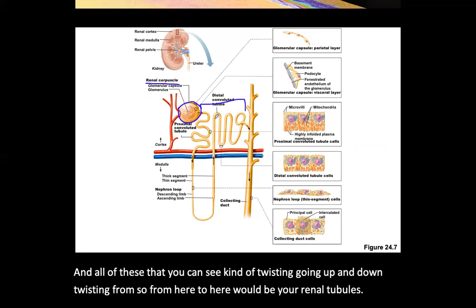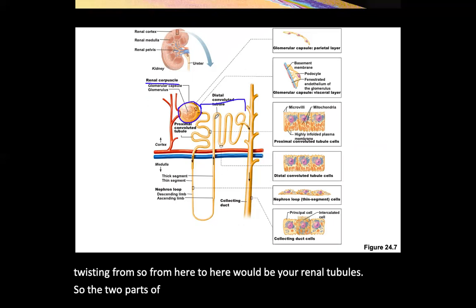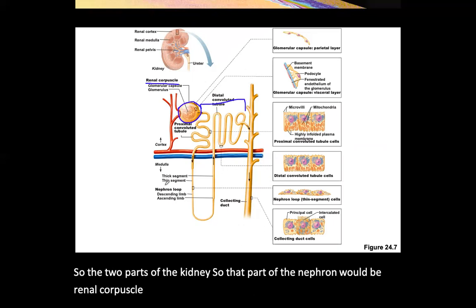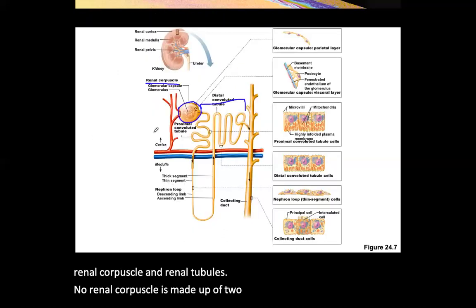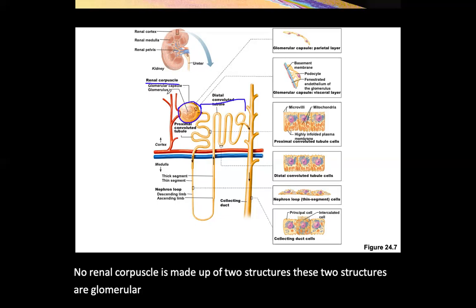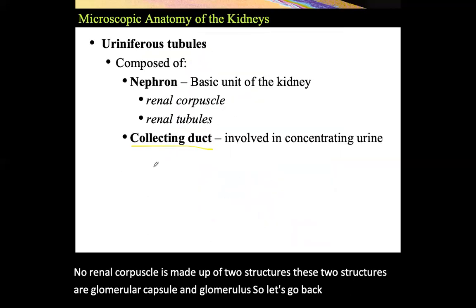So the two parts of the nephron would be renal corpuscle and renal tubules. Now, renal corpuscle is made up of two structures. These two structures are glomerular capsule and glomerulus. Glomerular capsule and glomerulus.